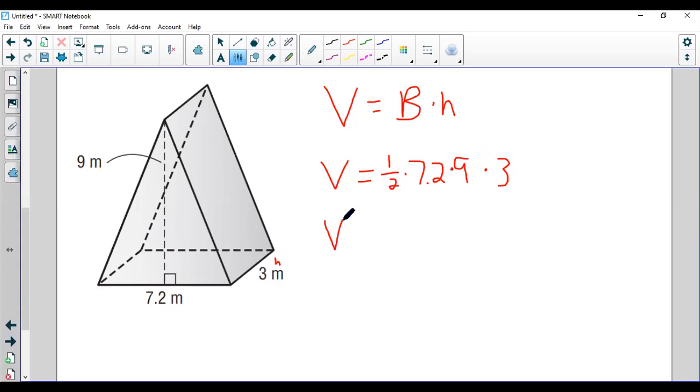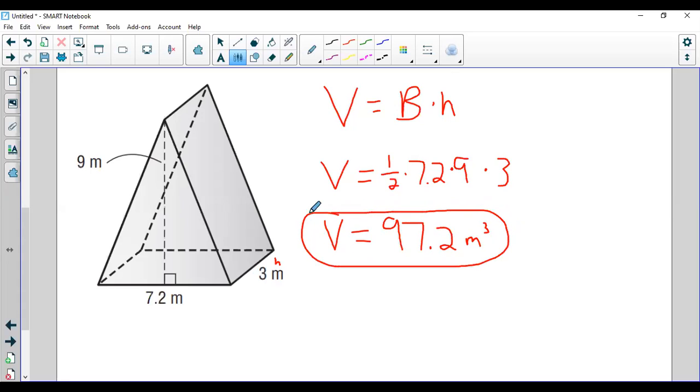So I will grab my handy calculator, press a few buttons. I have 1/2 times 7.2 times 9 times 3. I get a final answer of 97.2. And I'll give it a label. My label is meters cubed, cubic meters.